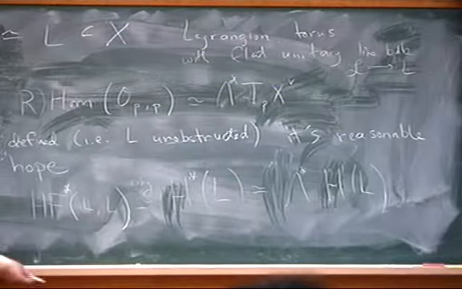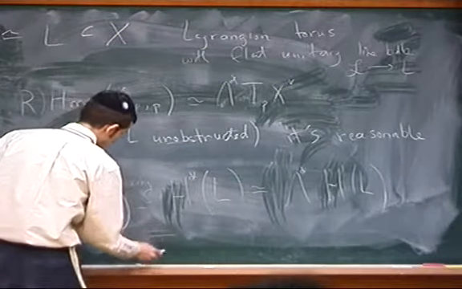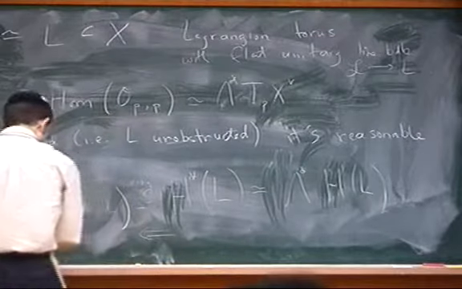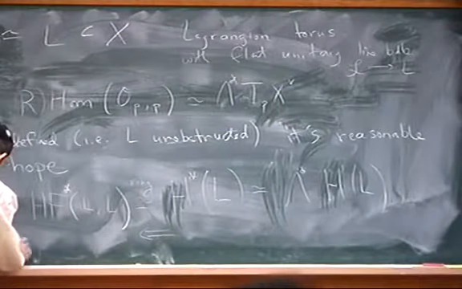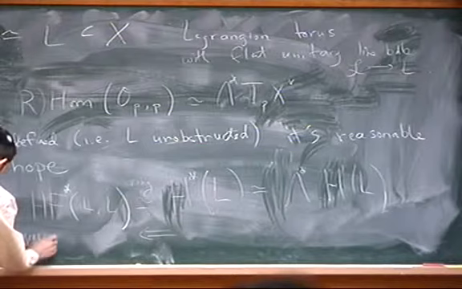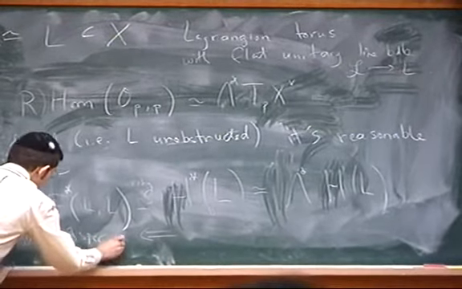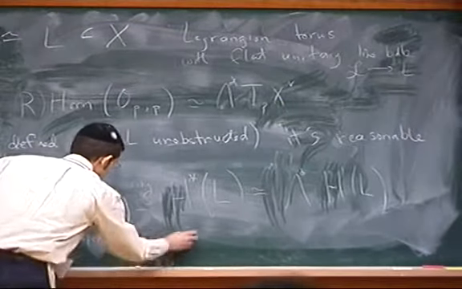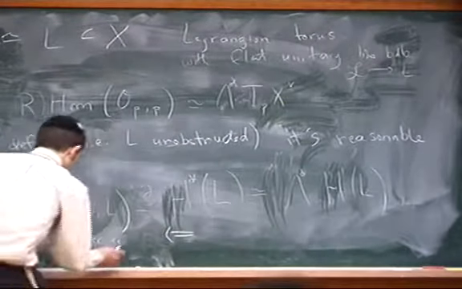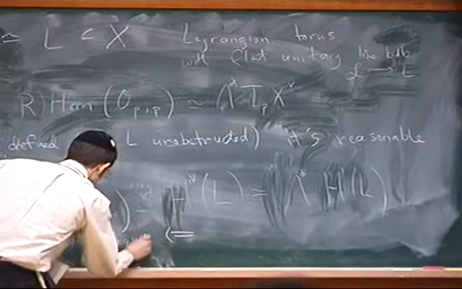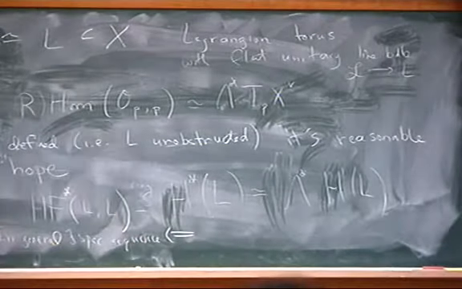In general, there's going to be some kind of complicated spectral sequence. There exists a spectral sequence which starts from the cohomology of L and converges to the Floer cohomology. So the claim here is that it degenerates.